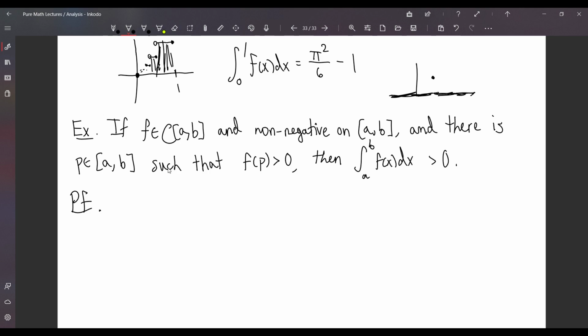Well, the idea is that we want to let epsilon be something bigger than 0, but less than f of p. Then 0 is less than f of p minus epsilon.